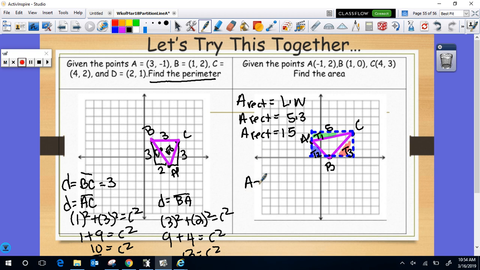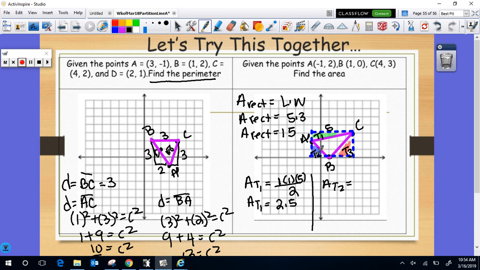So the area of triangle 1 is equal to 1/2 of 1 times 5. So the area of triangle 1 will be 5 times 1 times 1 is 5, divided by 2 is 2.5. So that's the area of triangle 1. Now I'm going to do the area of triangle 2.